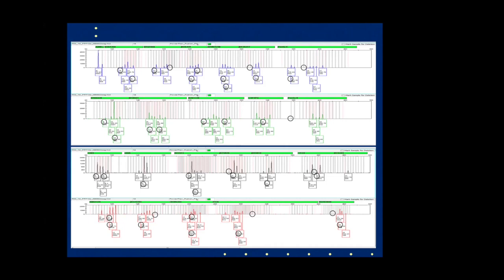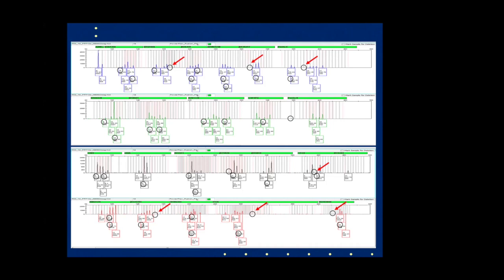So there are actually 9 alleles missing for rib bone H that are not labeled. 7 of those, there is nothing there. There's no evidence at all of that allele present.